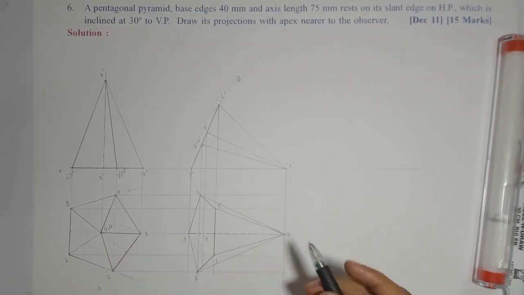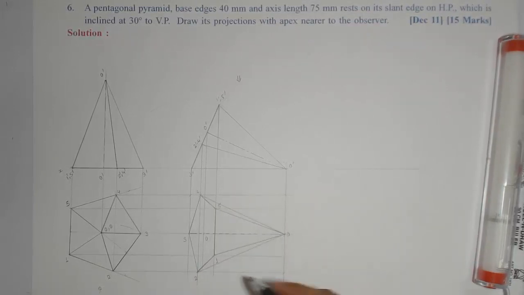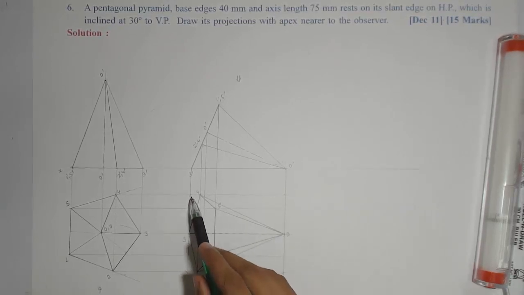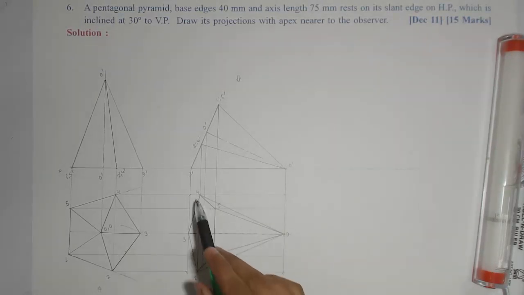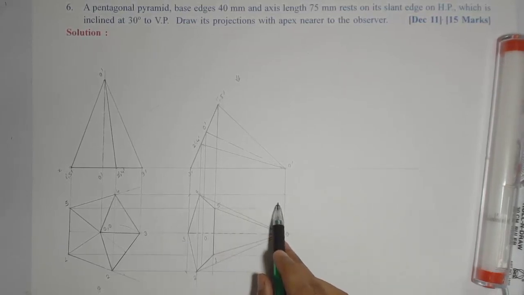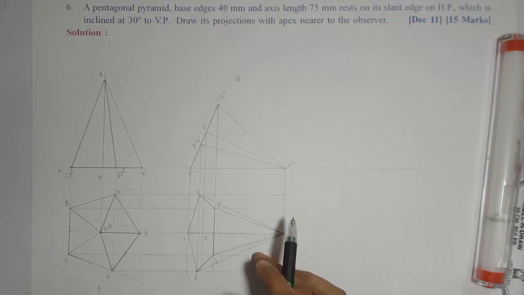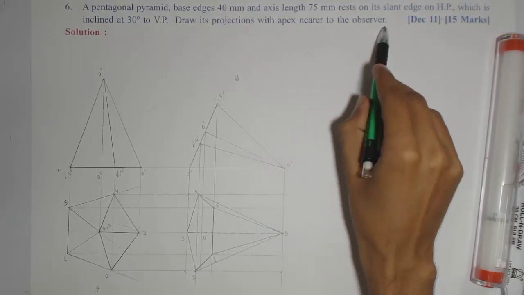Now by our method of rectangle, we will enclose this entire top view in a rectangle. Now, if we want to make this slant edge, which is O3, inclined at 30 degrees, then if we first draw this boundary of the rectangle inclined at 30 degrees, since the slant edge is parallel to this boundary, we will get this slant edge inclined at 30 degrees. So we will first start with marking one boundary inclined at 30 degrees, but while rotating the top view, we need to see one more condition, that is with the apex nearer to the observer.